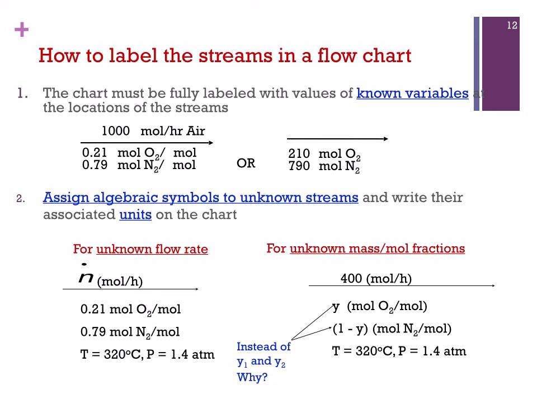And for N2, we put 1 minus Y because we know the total composition of the stream must equal 1. It can never be more than 1, and it should be no less than 1. Instead of putting Y and X or Z, another symbol, it's better to put the same algebraic symbol when there is a relation.